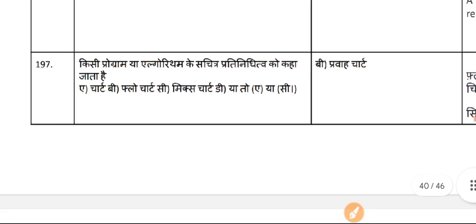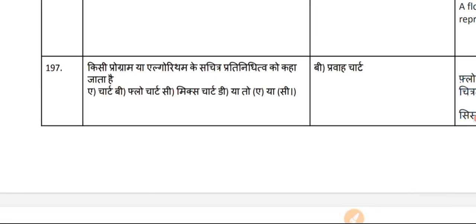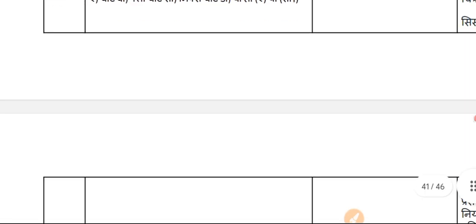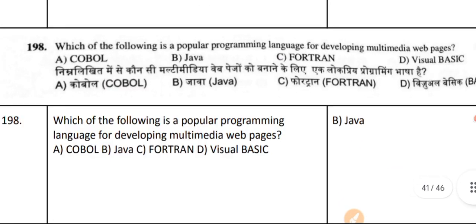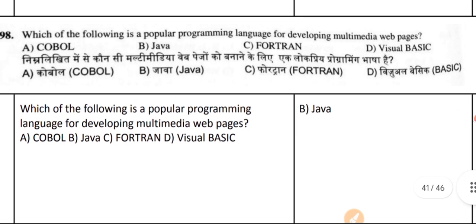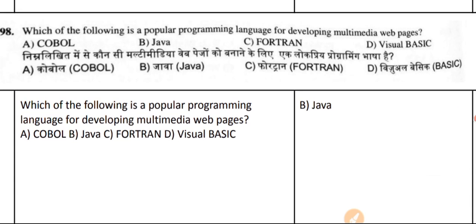Okay. Next question is given here. Which of the following is a popular programming language for developing multimedia web pages? There are many types of languages used in developing multimedia web pages, but the very popular one is Java.